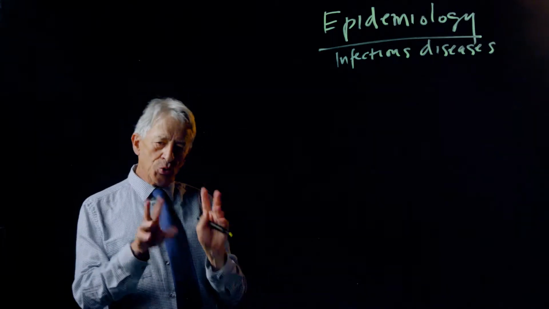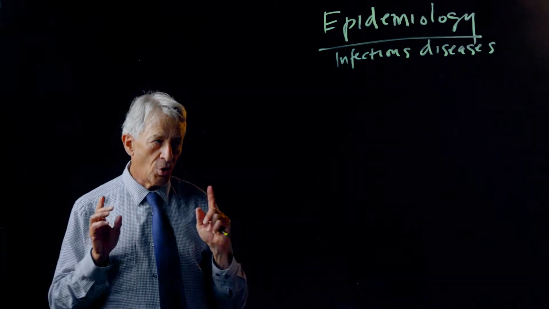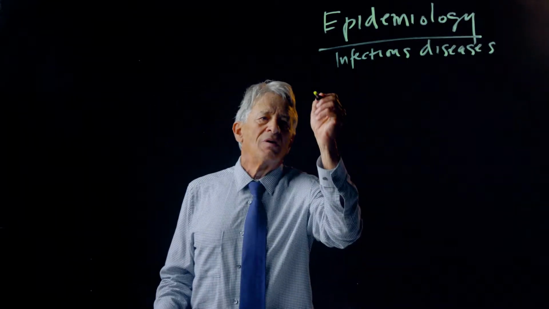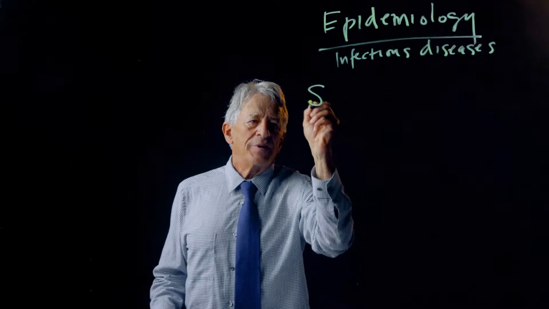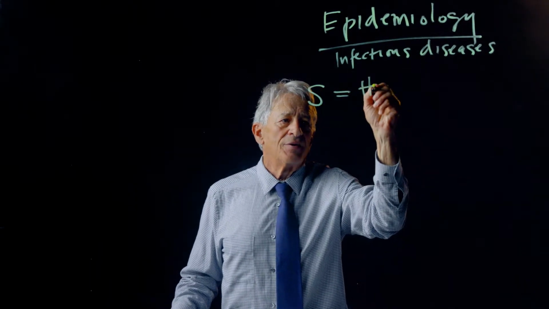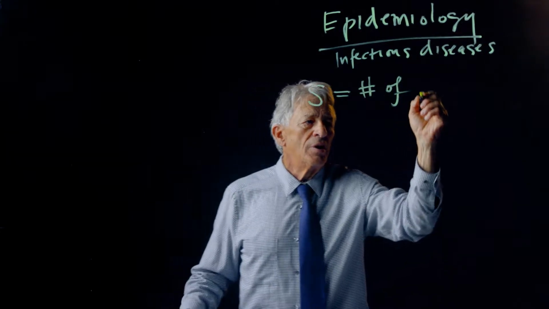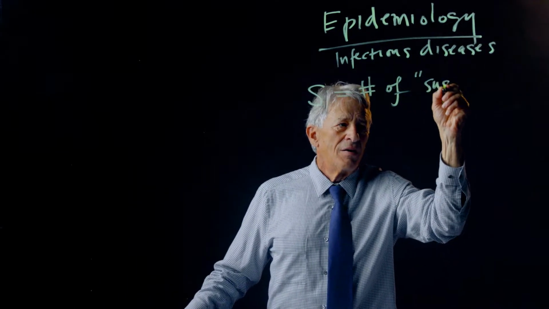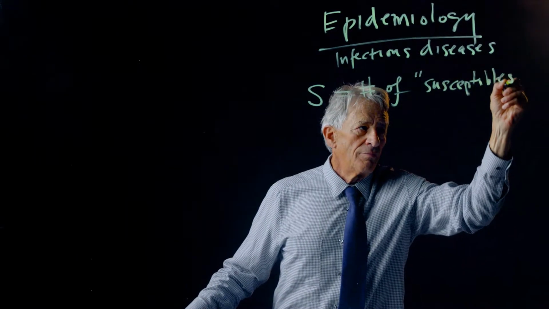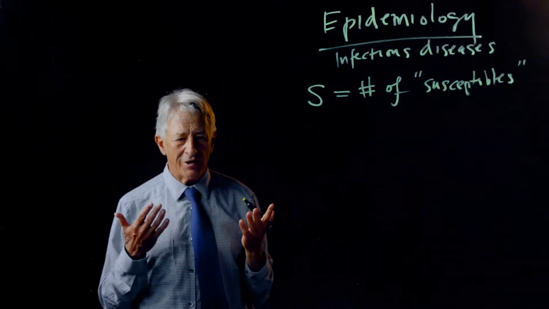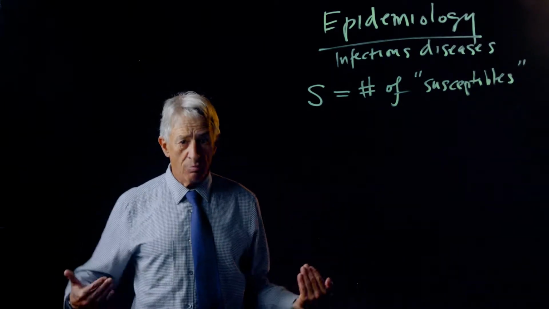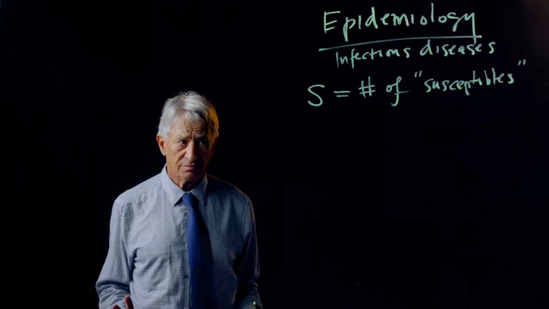And the two critical quantities, the two critical state variables are going to be S, which is going to stand for the number of susceptibles, that is, people who are capable of being infected but are not currently.